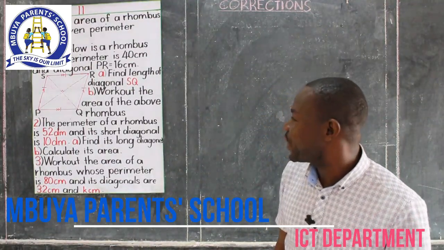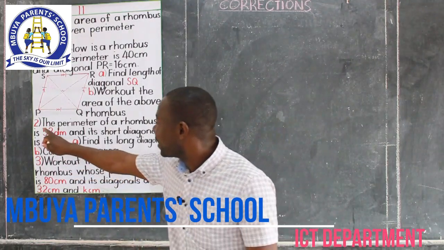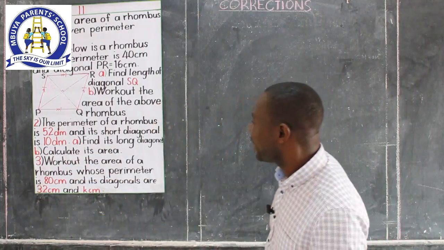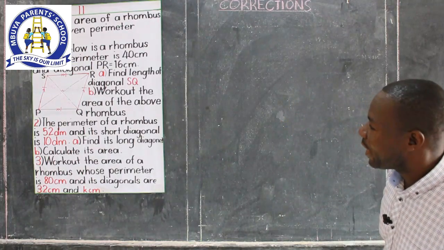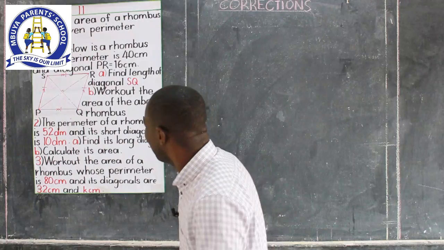We had our questions, and the one we gave you to try with Sir Joseph was here, as finding the diagonal when given perimeter. Let's read and see how it states.